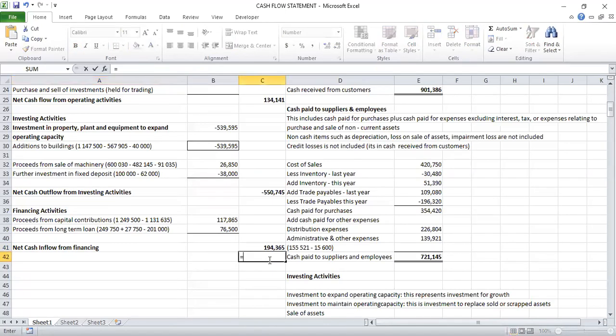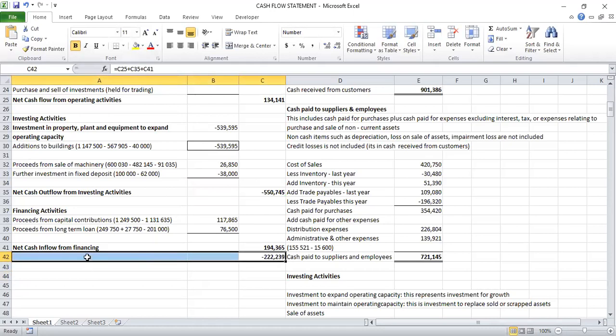So you add up the operating activities plus the investing plus the financing. Then you check if it's positive or negative. This is negative, so we'll call it net decrease in cash and cash equivalents. But if it was positive, we would call it a net increase.